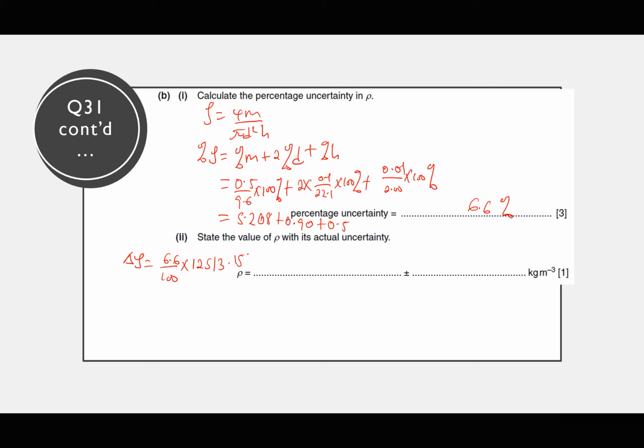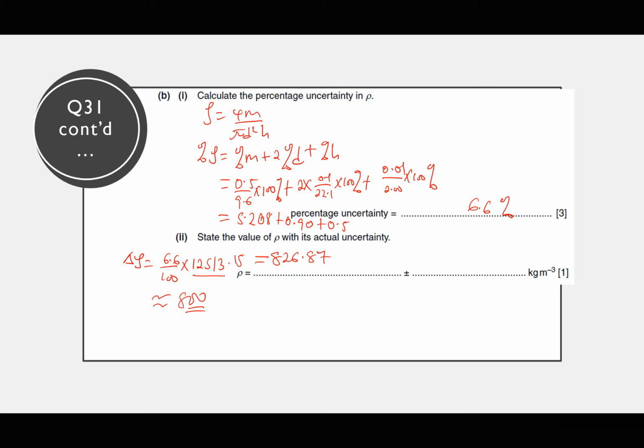So this is giving me 826.87. One significant figure, I think that is 800 and is ending in two zeros.